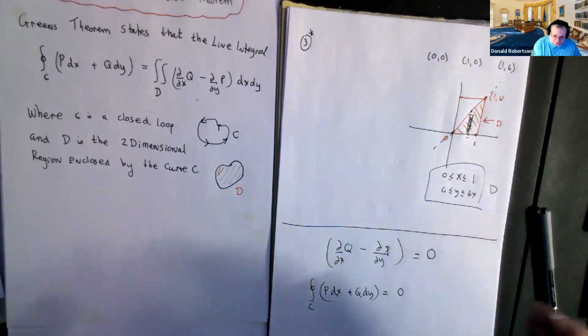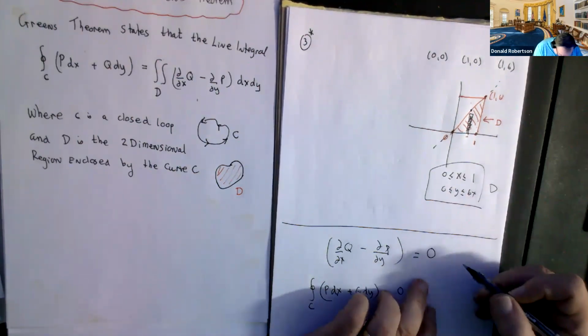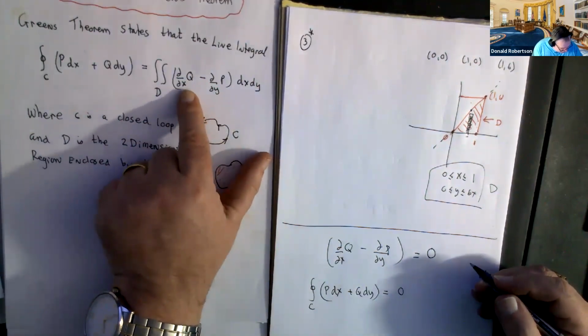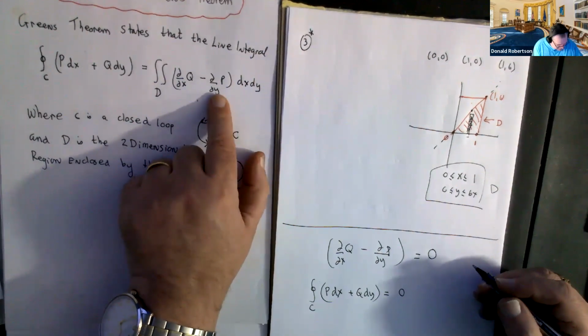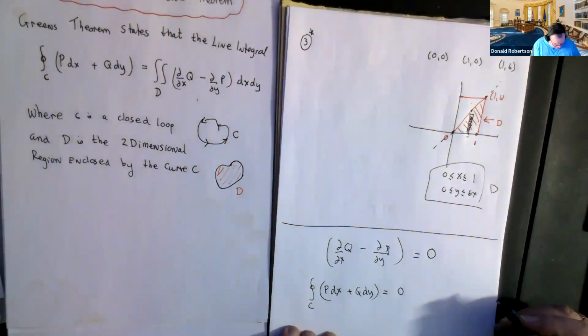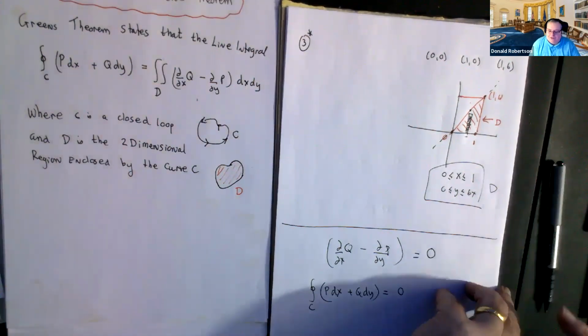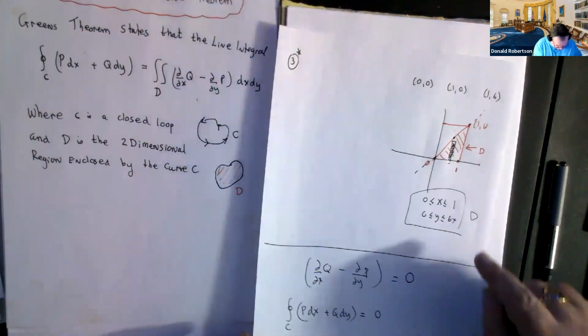And so something take away itself is 0. So if you have a conservative field, which basically means dQ by dx is equal to dP by dy, then this line integral will always be 0. So that's kind of helpful. I'm not saying this one is, but it might be.